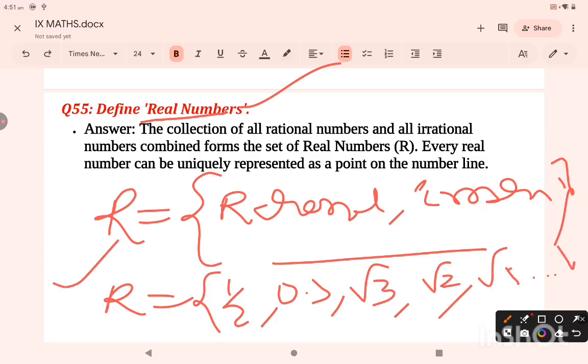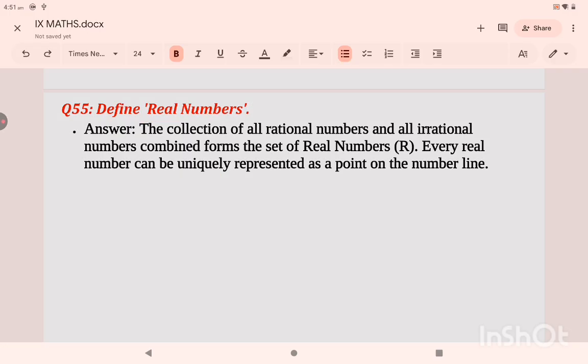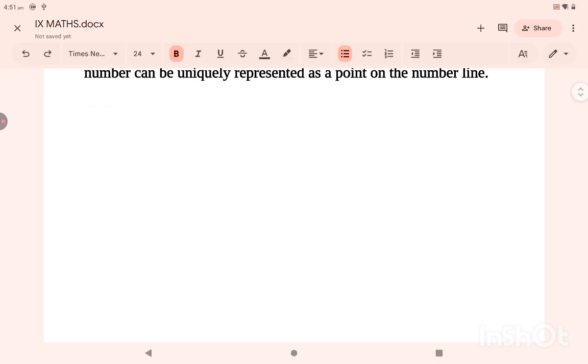The real numbers are nothing but the combination of rational and irrational numbers. Okay. Next one.